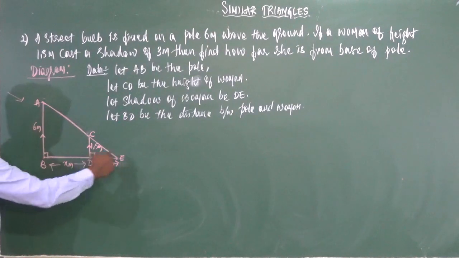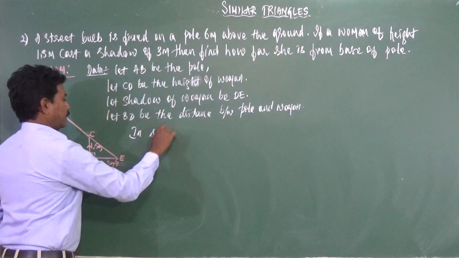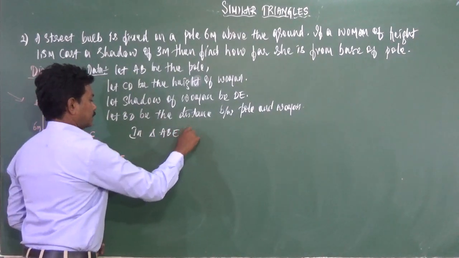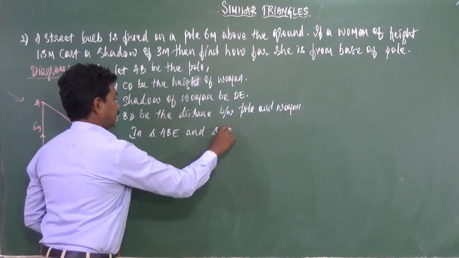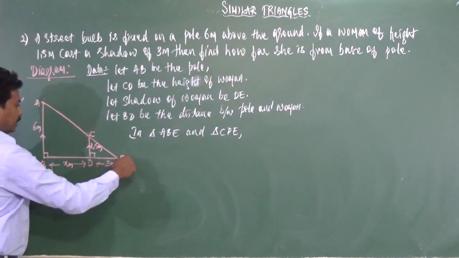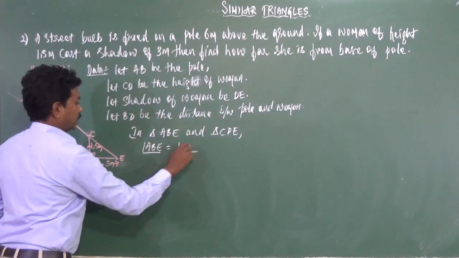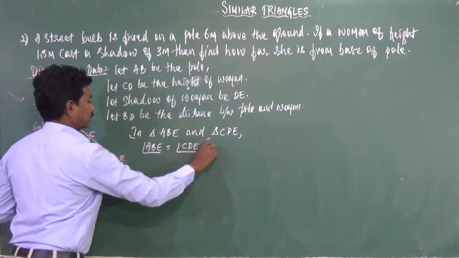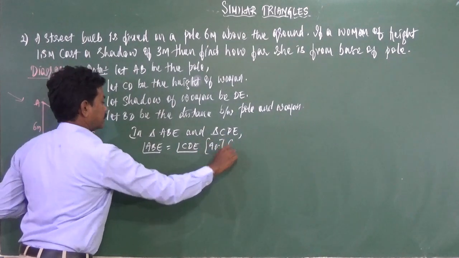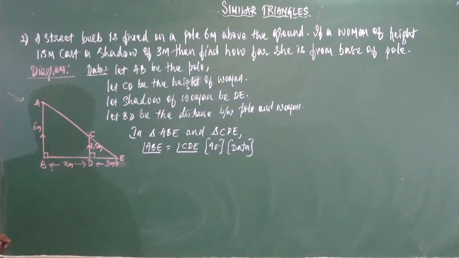So in triangle ABE and triangle CDE, angle ABE is equal to angle CDE. The reason is 90 degrees, according to the data, right? Next is the common angle.